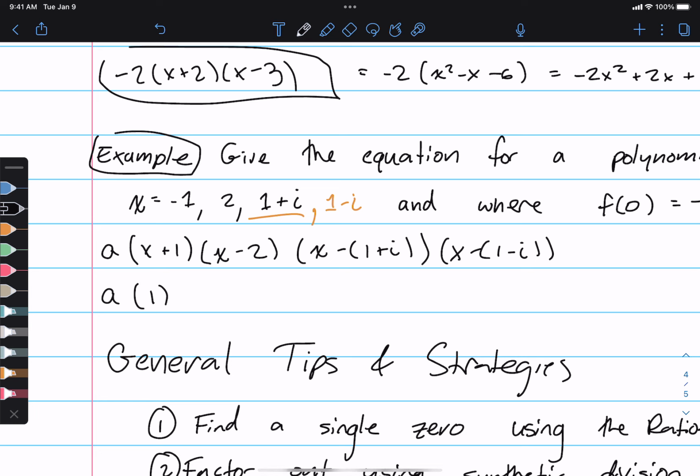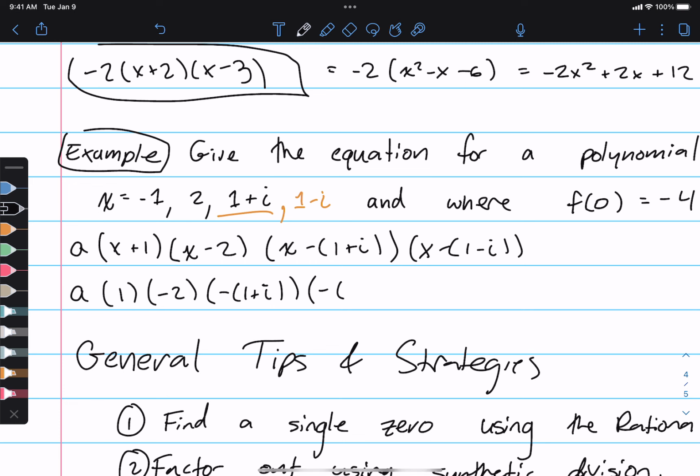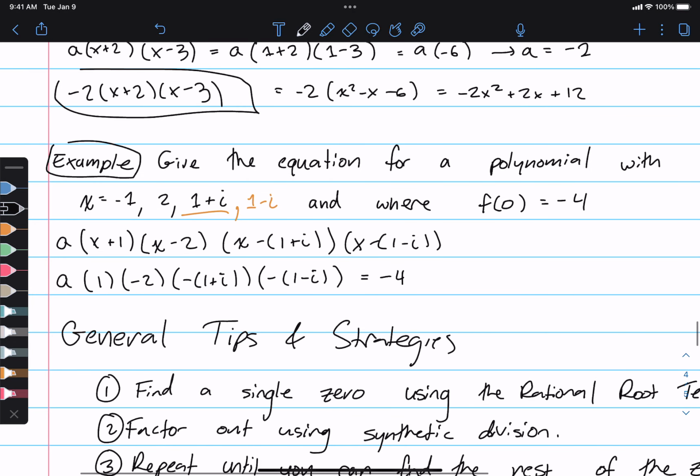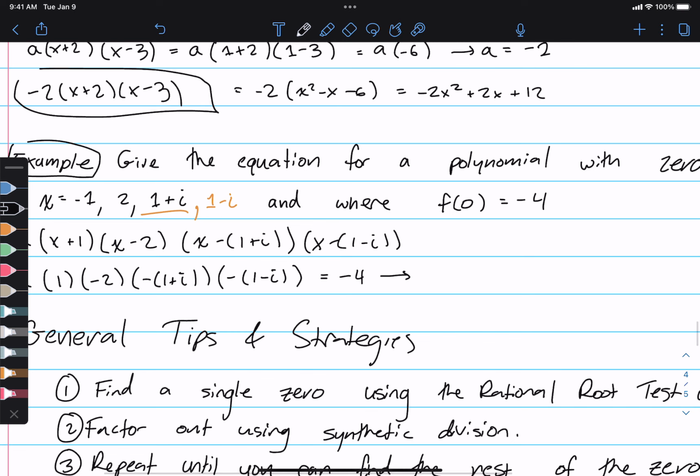So we have a times 1 times -2 times -1 plus i times -1 minus i is going to equal -4. And when we expand out this multiplication, 1 times -2 is obviously -2.